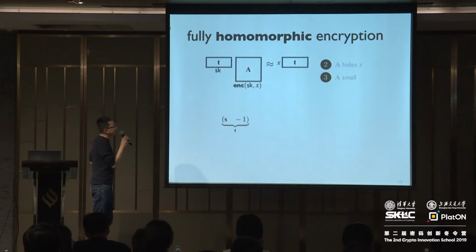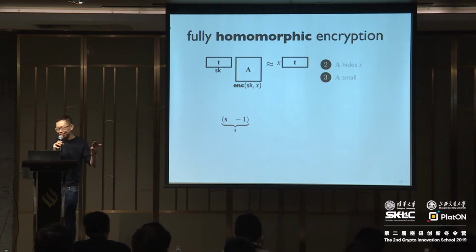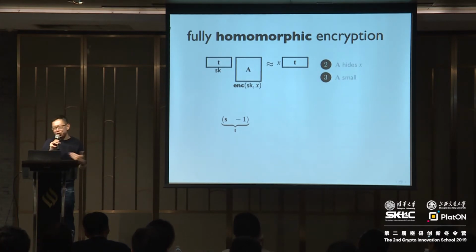Like before, we have 3 requirements. We're going to meet them one by one, while violating some of them along the way, and then we'll see eventually how to satisfy all the requirements at the same time.